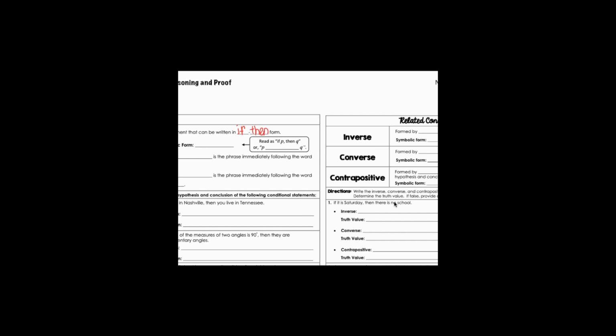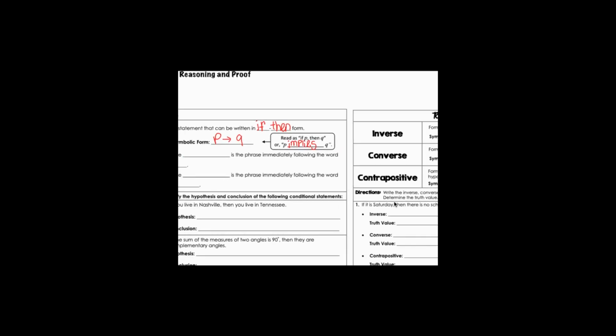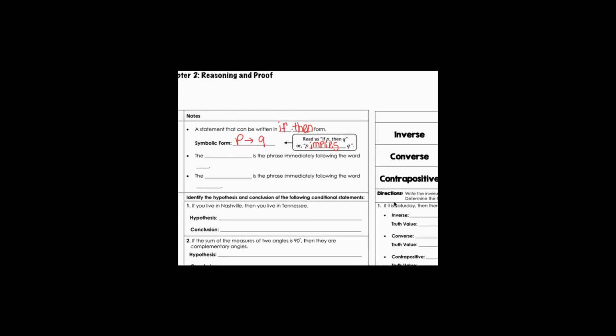So symbolic form is going to look like P arrow Q. So it's going to be read as P implies Q, or if P, then Q. The hypothesis is the phrase immediately following the word if. And then the conclusion is the phrase immediately following then.